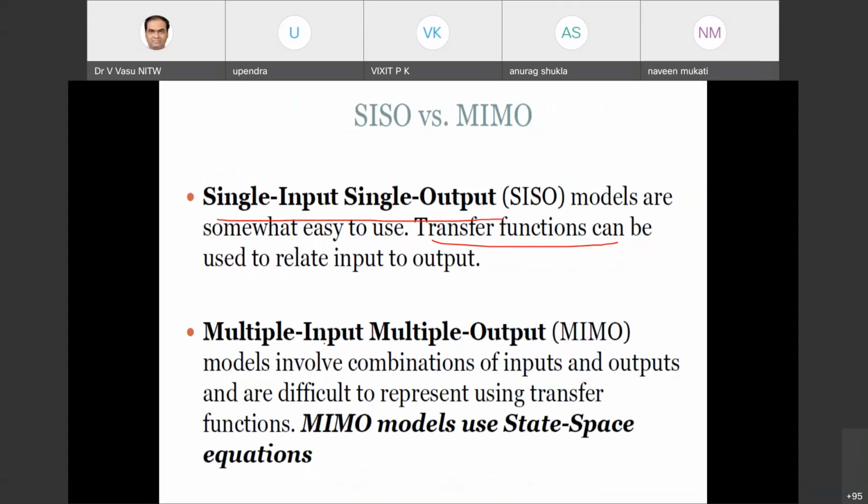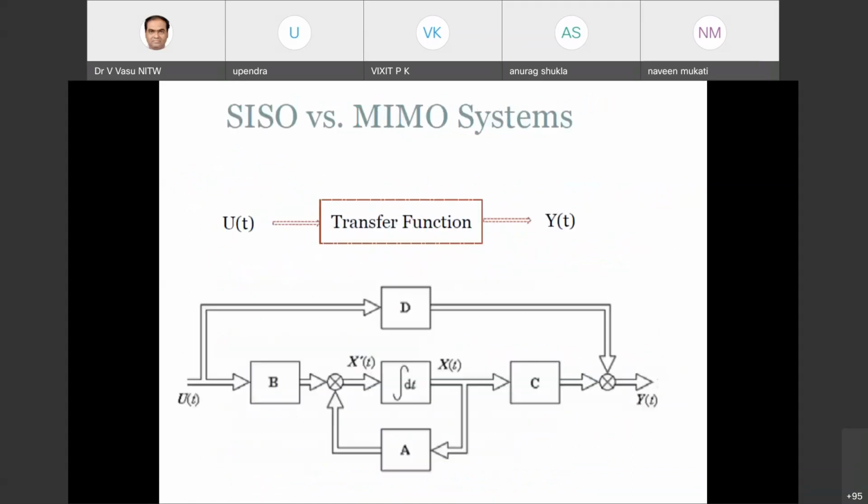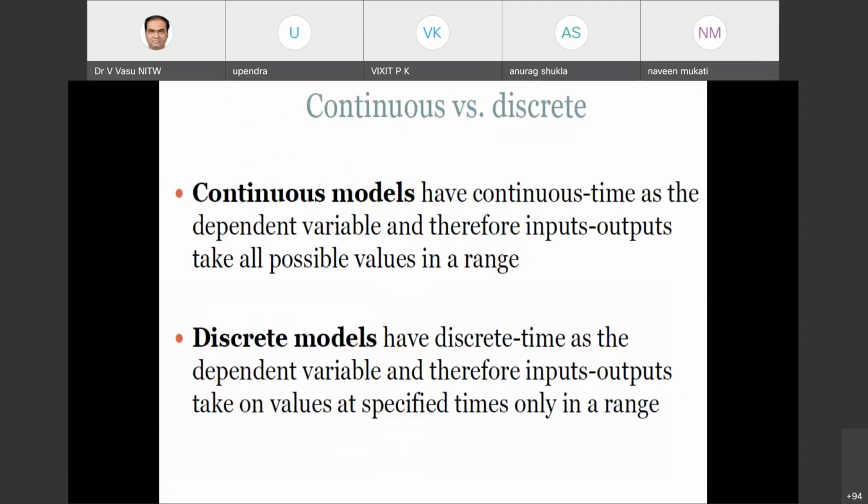Whereas if you have multiple inputs and multiple outputs, then we have to go for the state space model.